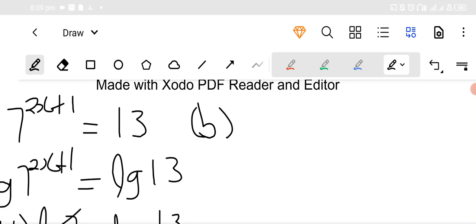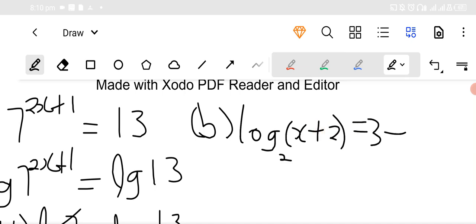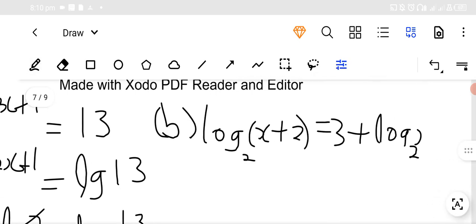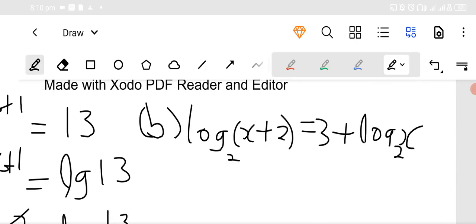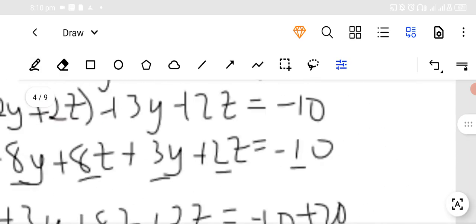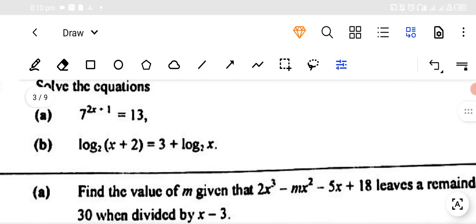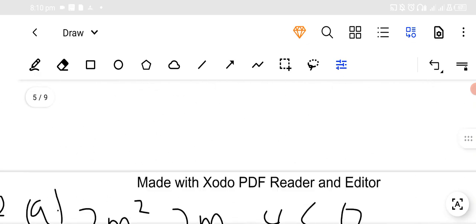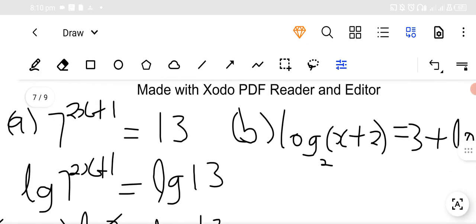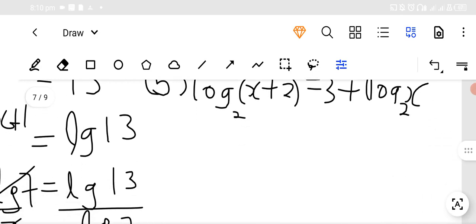Yeah, so I've confirmed this is the correct equation.